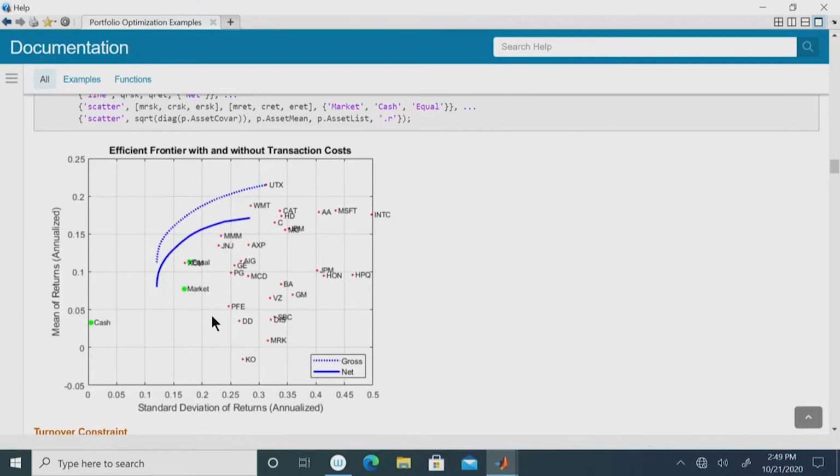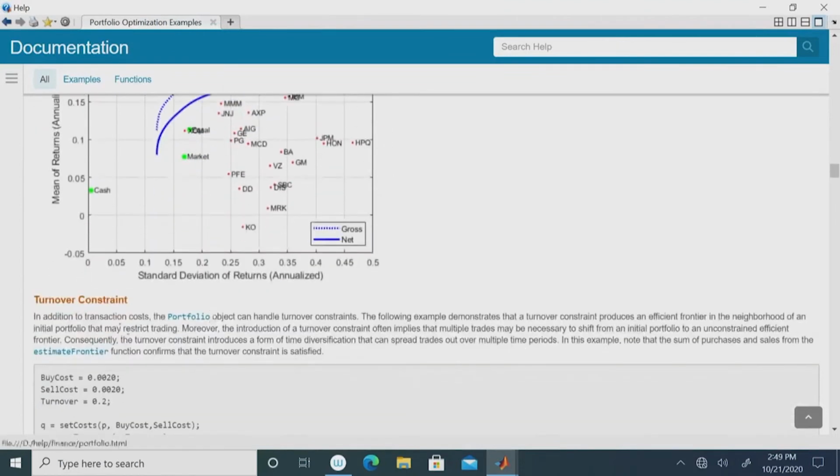The second constraint that we consider for inclusion is what is known as the turnover constraint. You would recall from the previous lecture that the portfolio object, in addition to transaction cost, can also accommodate turnover constraints.